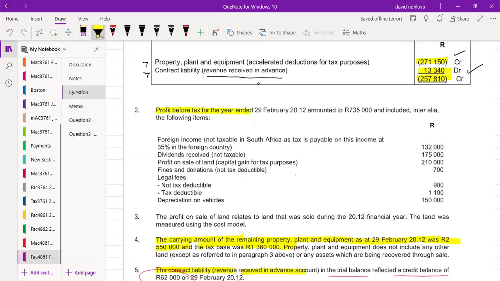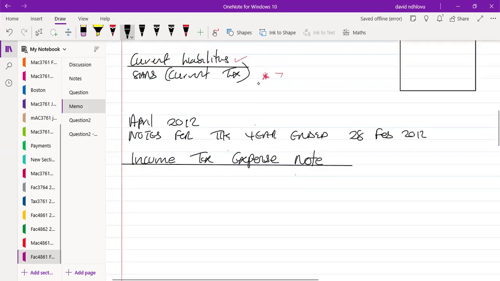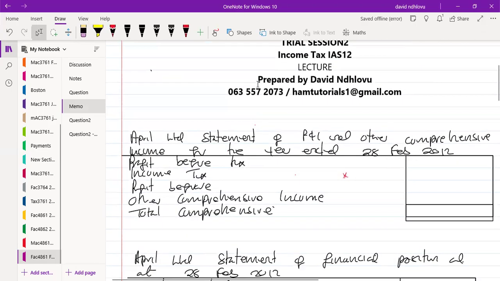Profit before tax for the year amounted to 3,735 and included inter alia the following. So 3,735, that's the amount. In our disclosure, we have a slot for the profit for the year in the P&L, and this is where it goes.